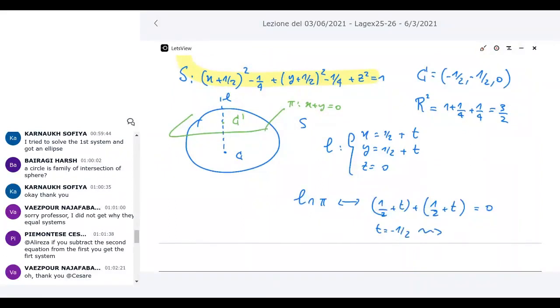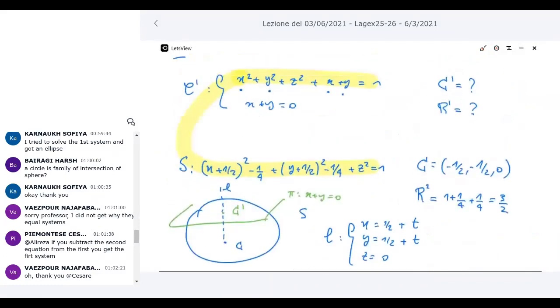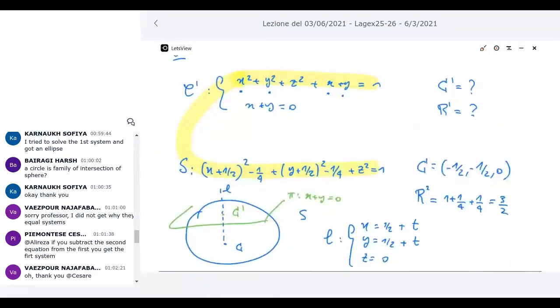And this gives me as C prime the point I get by substituting minus 1 over 2 in the parametric equation of the line. So I get 0, 0, 0. Okay, so this is how you get the center of the circle defined by the equation. C prime is 0, 0, 0.